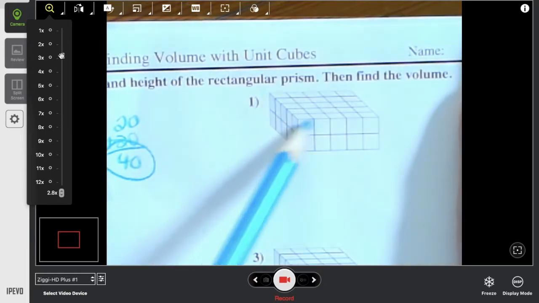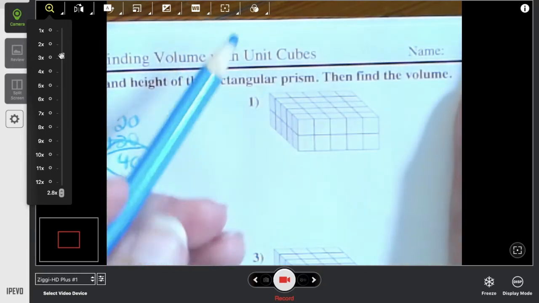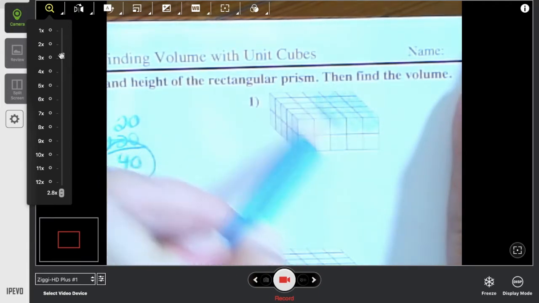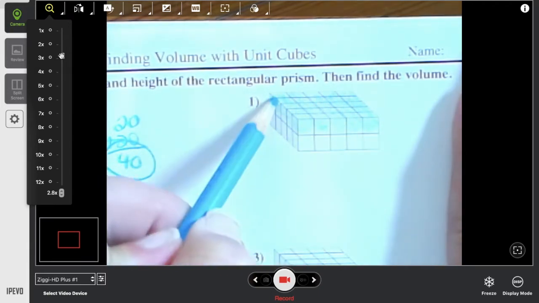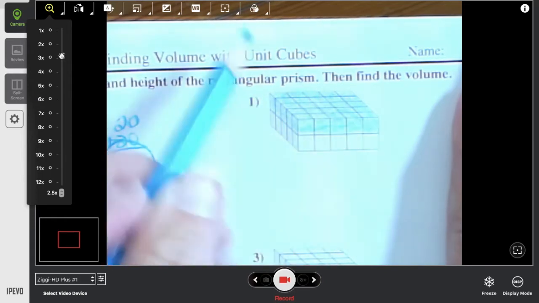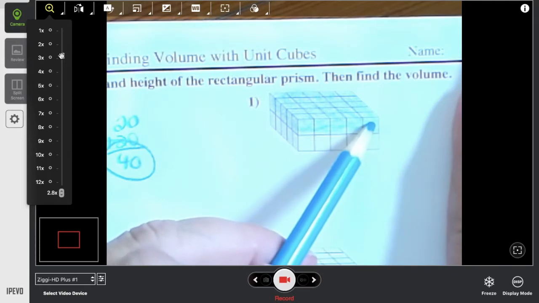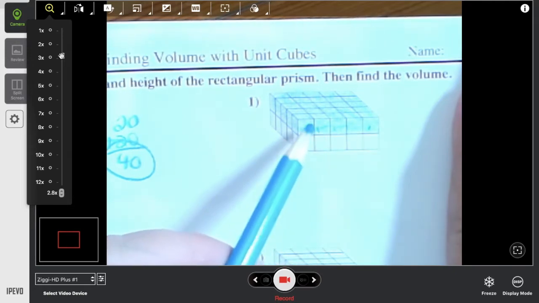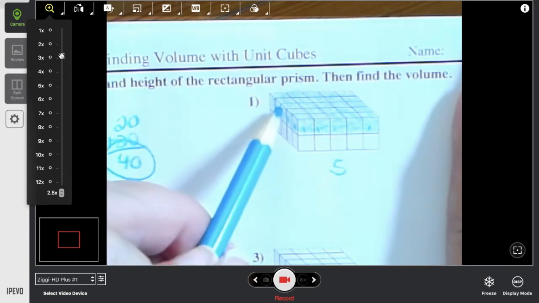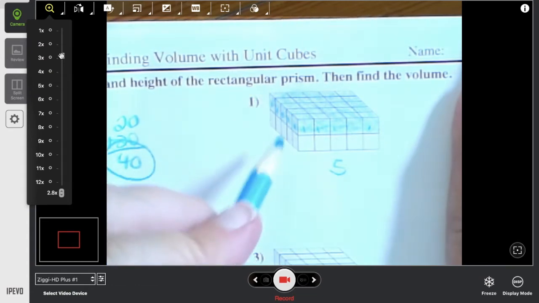All right, let's look at the next one here. Again, I see two books stacked on top of each other. So I'm going to take off that top layer and shade it in so that I can see it in my mind and take it apart in my mind. This one I see 1, 2, 3, 4, 5 cubes across, and I see 1, 2, 3, 4, 5 cubes back.